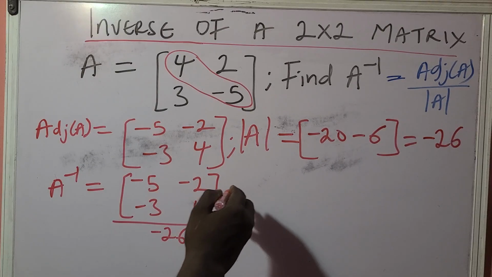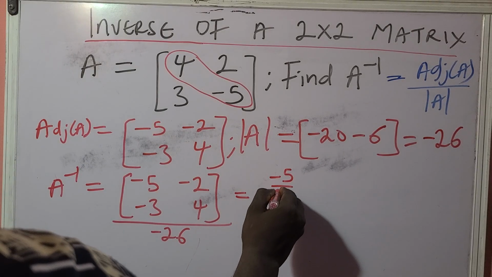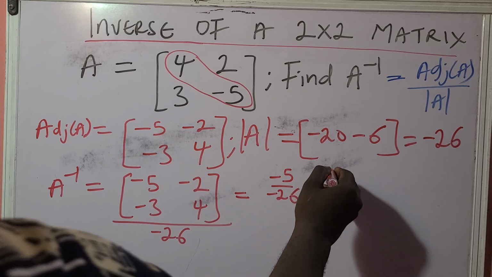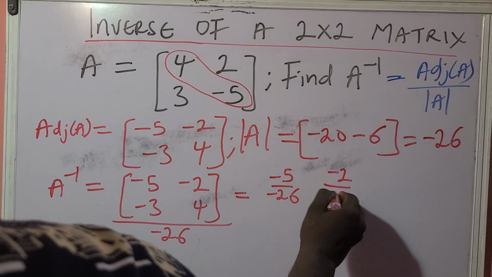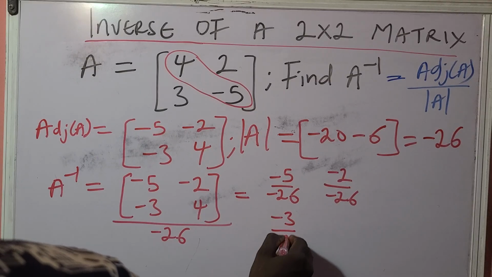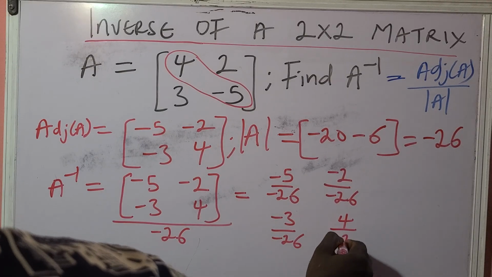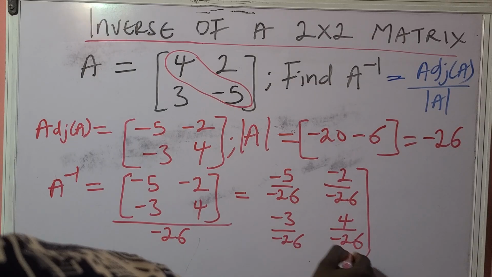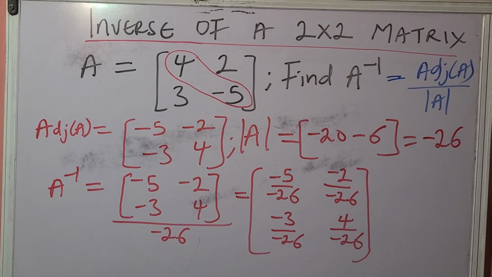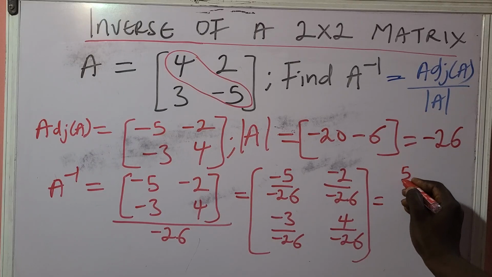So we'll go on to have our scalar division. That will be minus 5 over minus 26, minus 2 over minus 26, minus 3 over minus 26, and 4 over minus 26. We can go on to simplify some of these values. Of course, we will be left with 5 over 26.